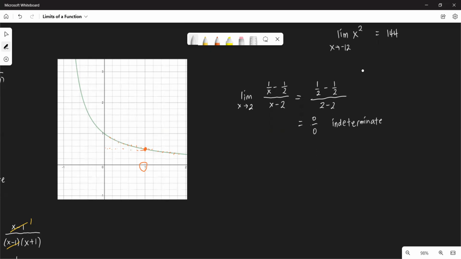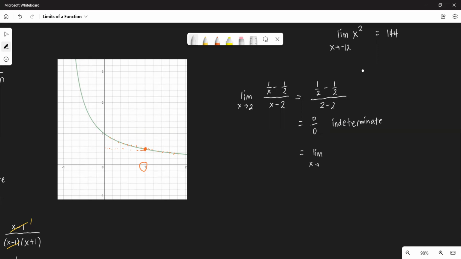Okay. So I'll just continue here. You can just put the solution for transforming the function into something that will not give 0 over 0.